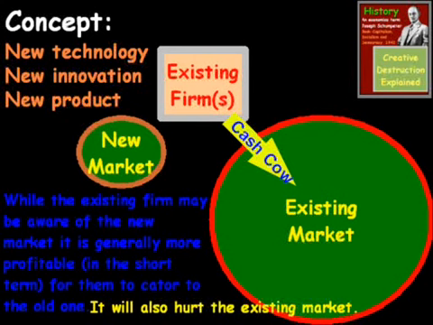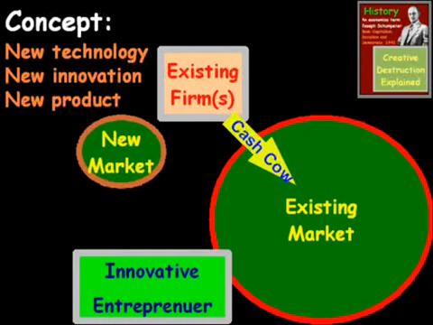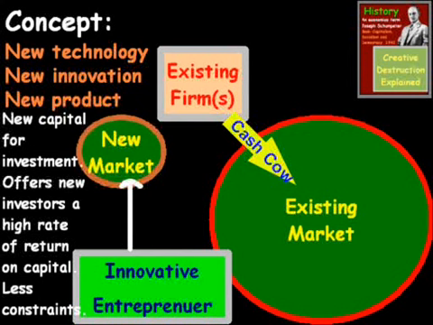Now it's also going to hurt the existing market, as I've covered in yellow there. But while the existing firm or firms have constraints, an innovative entrepreneur can come along and not have those constraints, and they'll start catering to the new market. They've got new capital for investment.